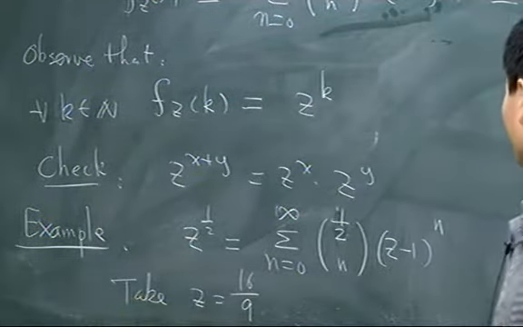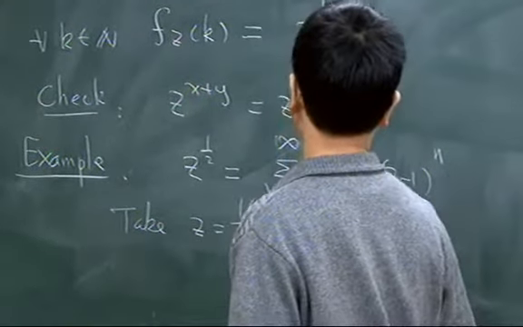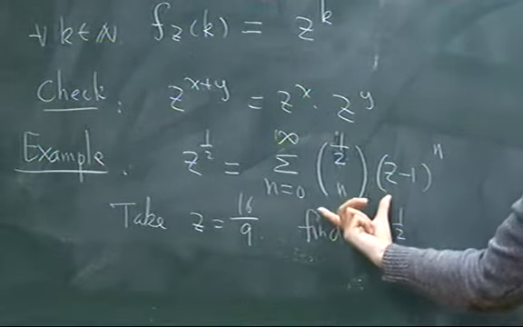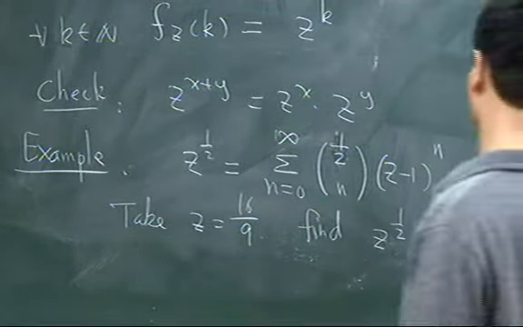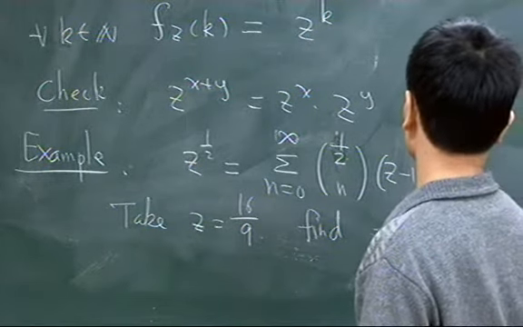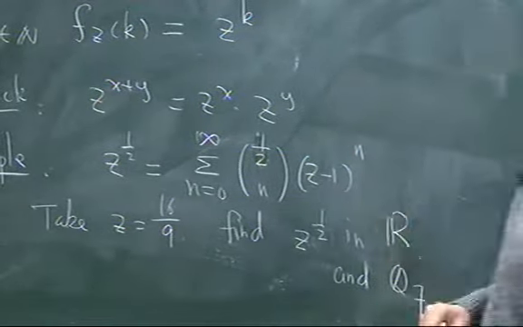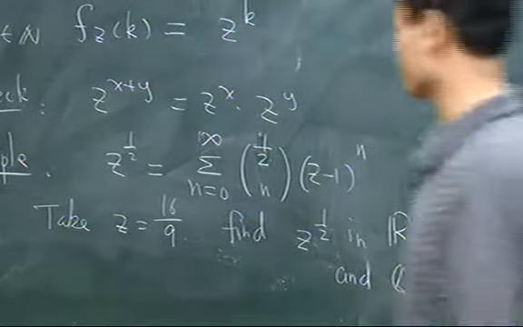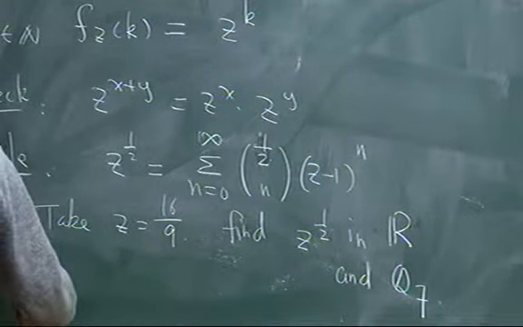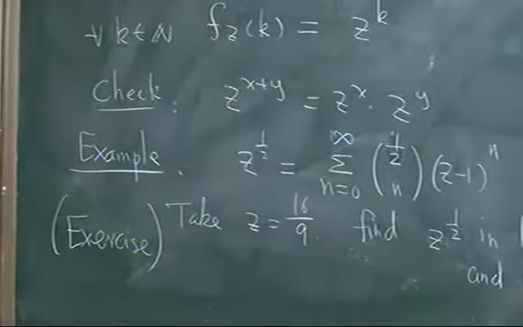You can check, now you find z to the 1/2 using this power series in Q, in R and in Q_7. So it's a small exercise for students who want to do p-adic analysis. It's a very easy one.